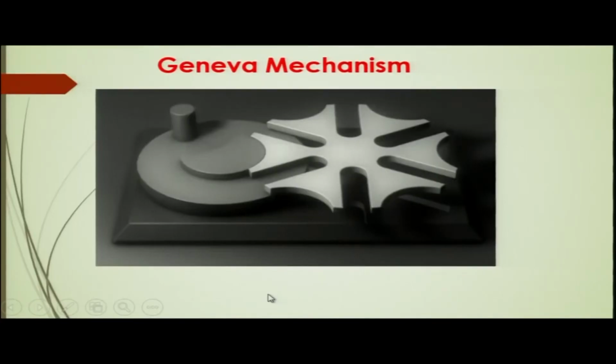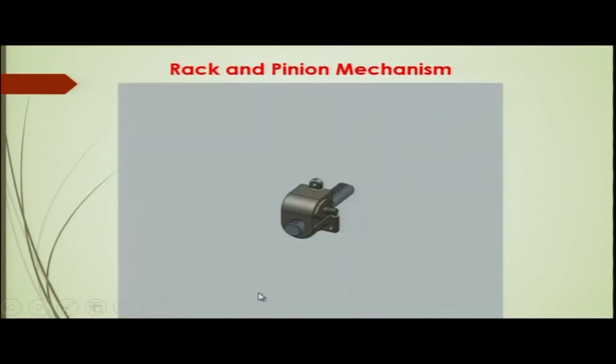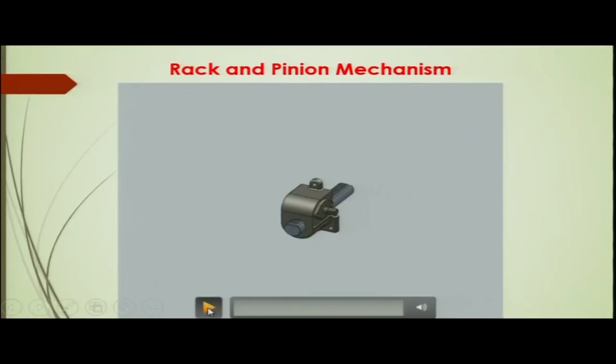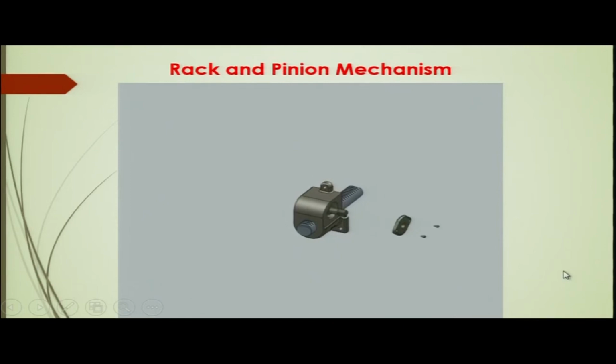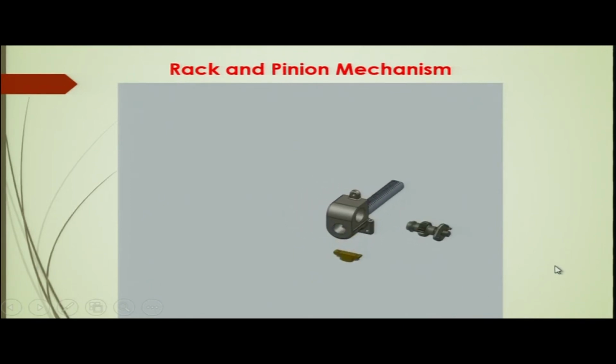The next mechanism that we are going to see here is the rack and pinion mechanism. As you understand, this is the rack, and we are going to show you in the lab how these rack teeth are ground, how they are made, and the pinion is inside. Let us start the mechanism, and you can see that all the parts are being taken out.